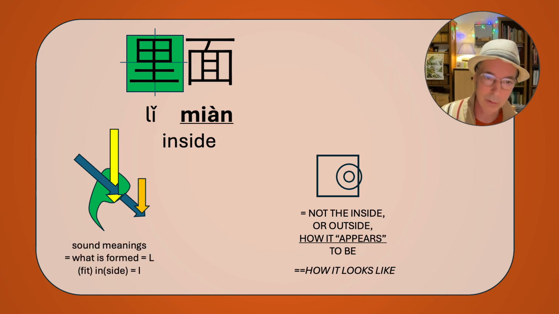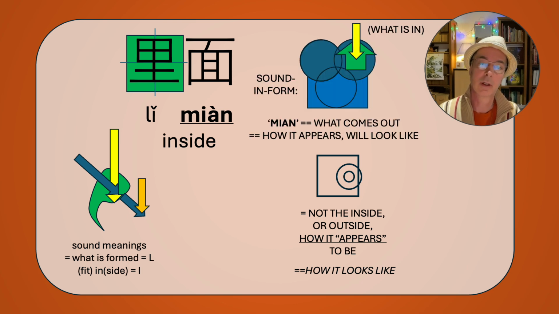So let's also compare this to what I call the sound-informed presentation of the word lǐmiàn, in form. Before, I showed you the M, which completely fitted in the square. The M actually is, in the physical sense, something that is trying to become more.